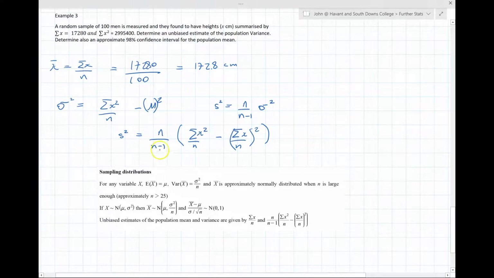Some of you will see other versions where it gets multiplied out, because if you multiply this out, you can see a similar formula where the n cancels, and you have the n minus 1, something like this, which does involve a little bit less calculation, over n minus 1. I don't know exactly if it goes like that, but something like that.